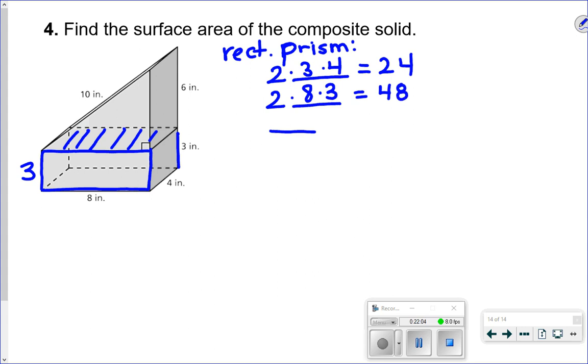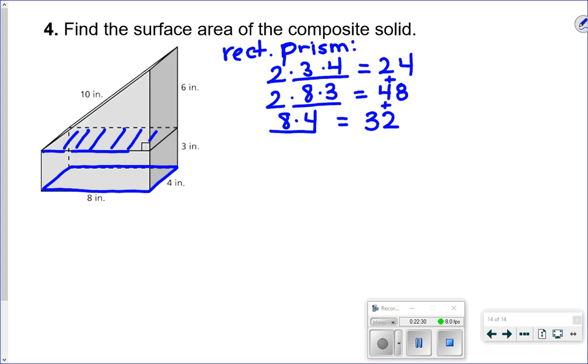And then for my bottom, my base of that rectangular prism, I only have one. Again, because the top rectangle would be the size of it, but has a different prism on top, so that one can't count. All right, so I have 8 times 4 for my base. That's going to give me 32.